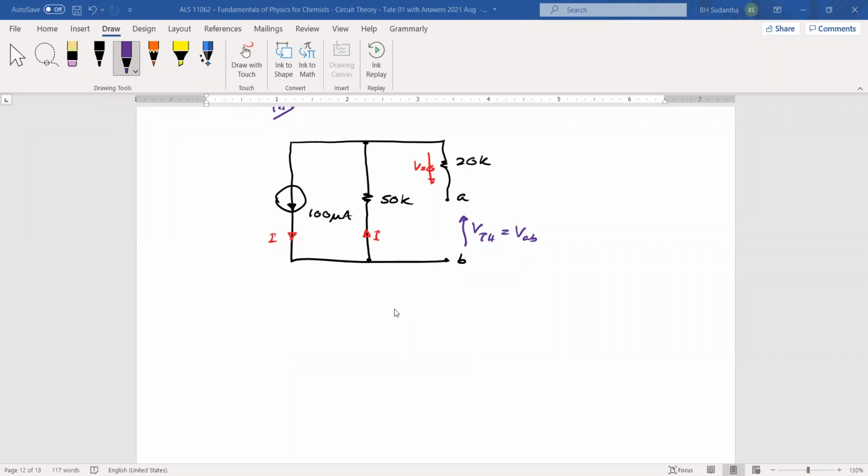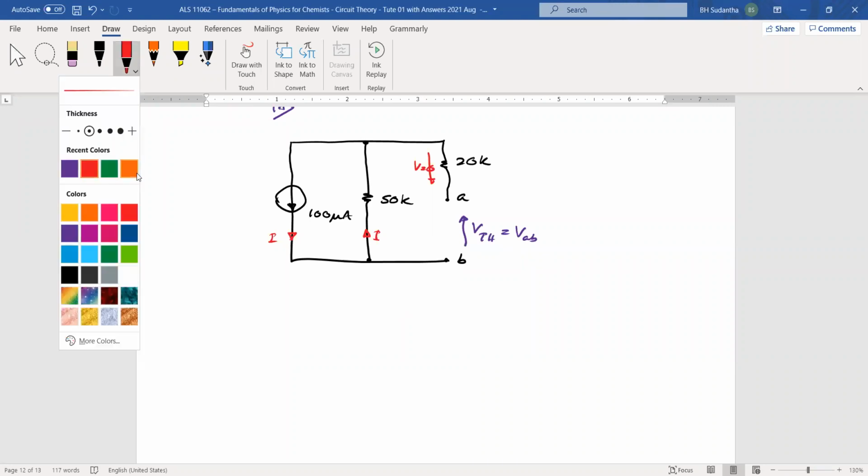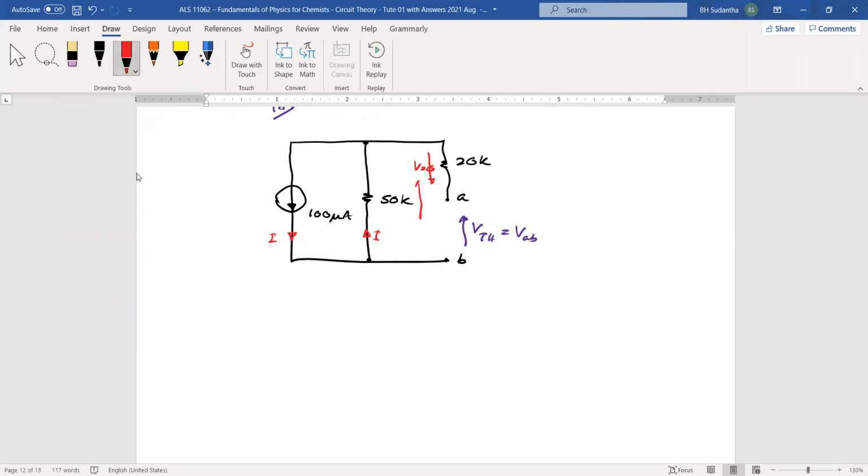But this current is going the other way. Because of that, if you find this V across this resistor, then actually VAB is minus V. This minus V equals 50K into 100 microamperes. Microampere is 10 to the power minus 6, and here it's 10 to the power 3. Then this will be cancelled out, and this should be 5 volts, minus 5 volts.